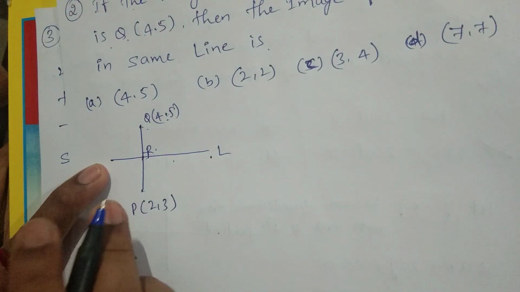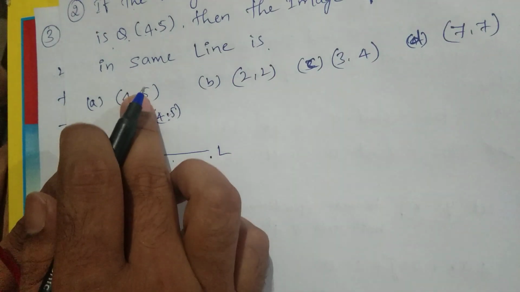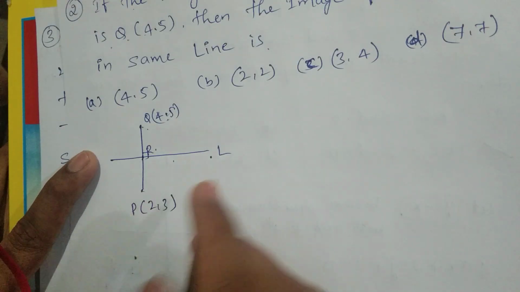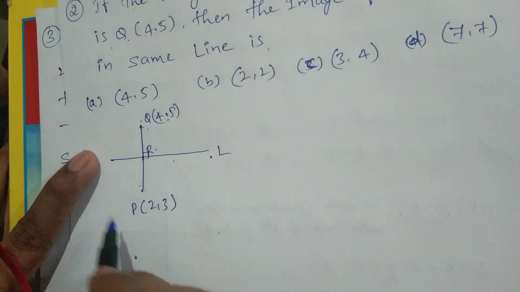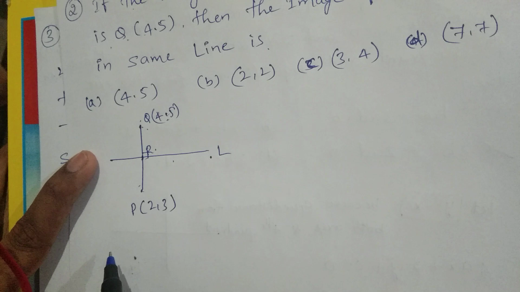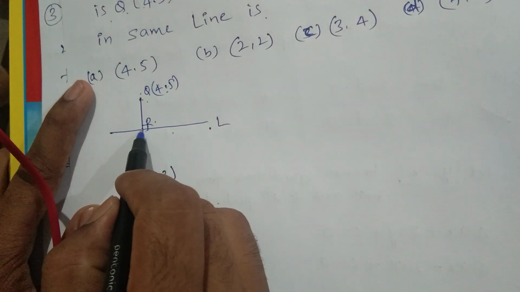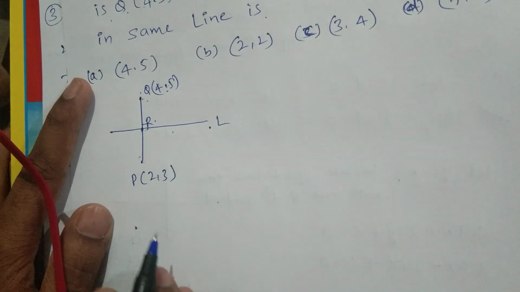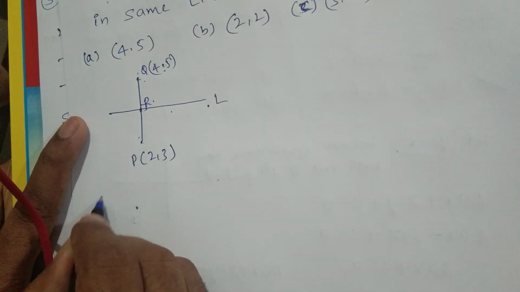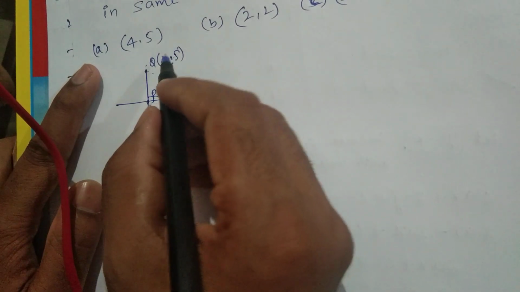Remember, this L is perpendicular to the line joining PQ, and that line bisects the line PQ. Then what can we find? Can we find what this point is? How can we find it? Using the midpoint formula. What is the midpoint formula? R is equal to, what is the midpoint formula?